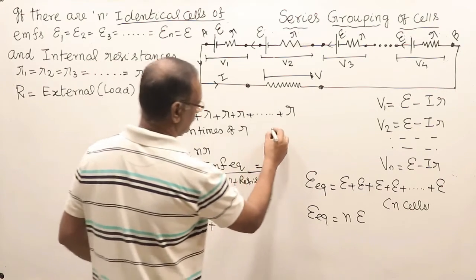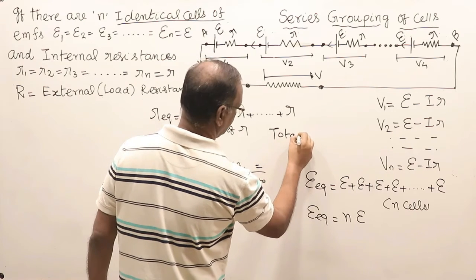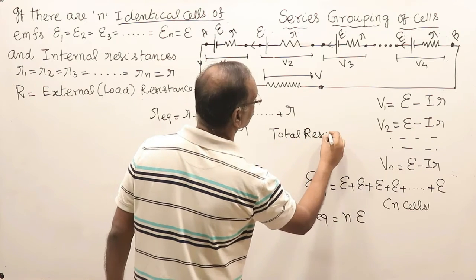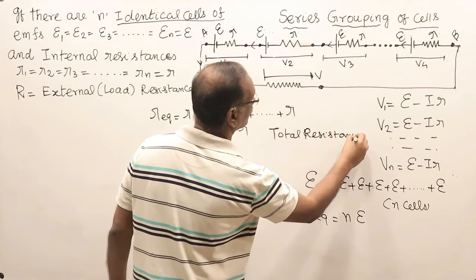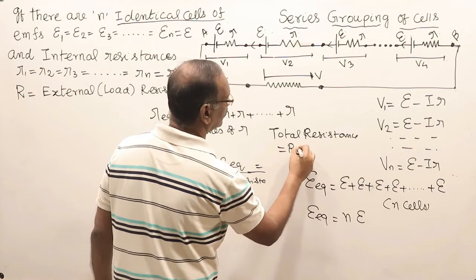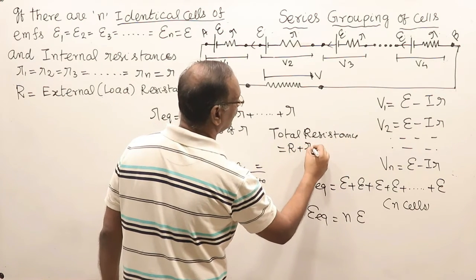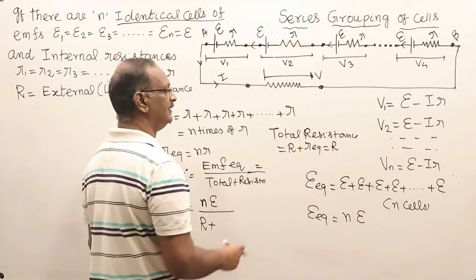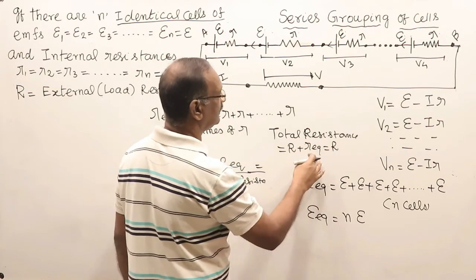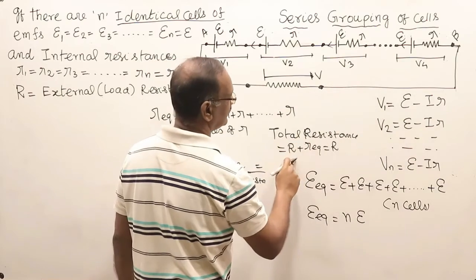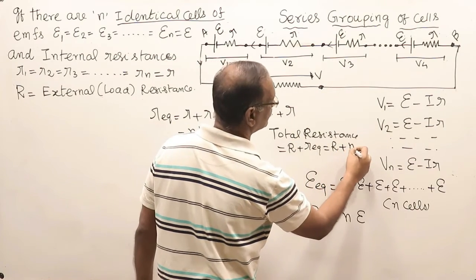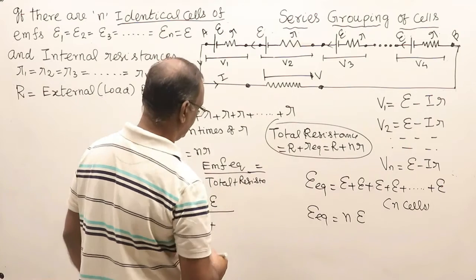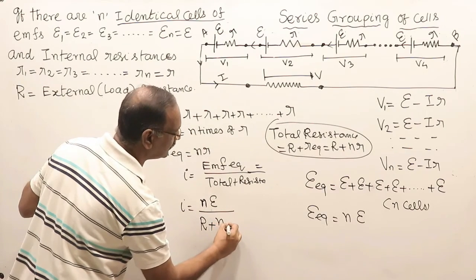What is the total resistance of the circuit? It is R, the external resistance, plus the equivalent internal resistance of the series, which is n into r. We can write R plus n into r.